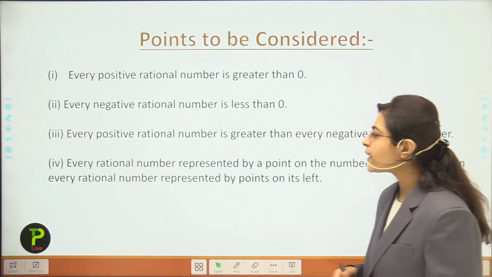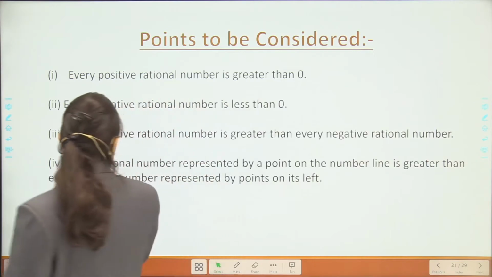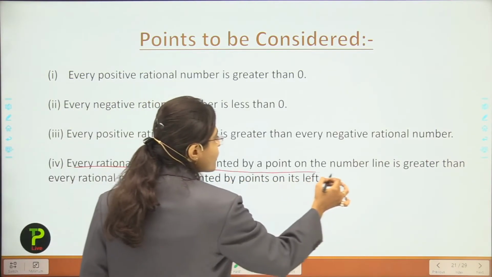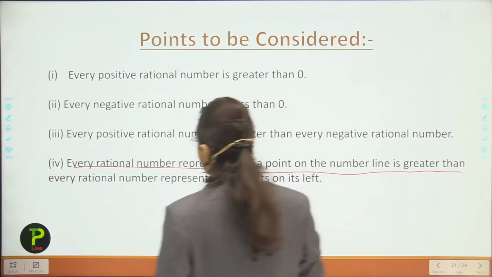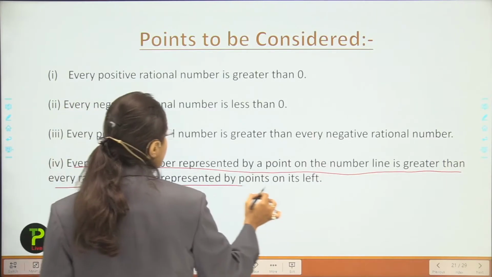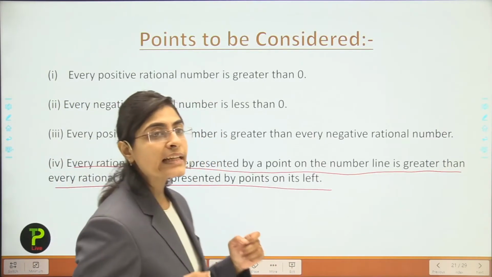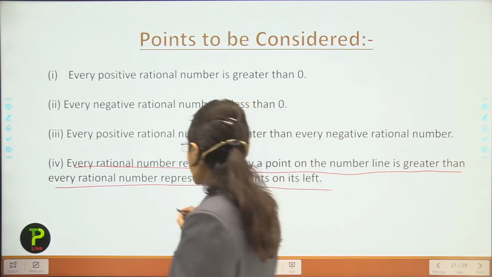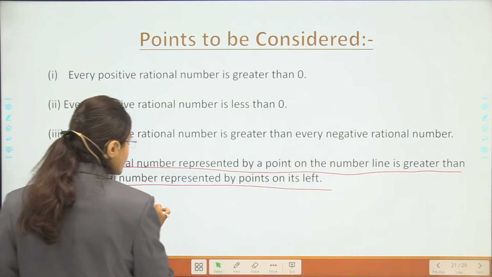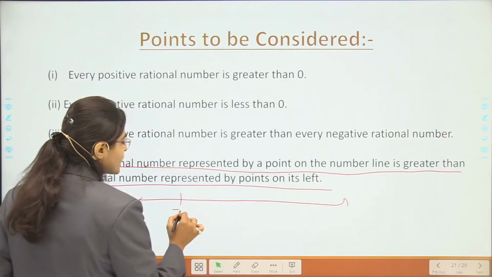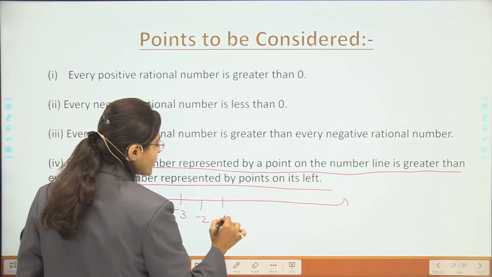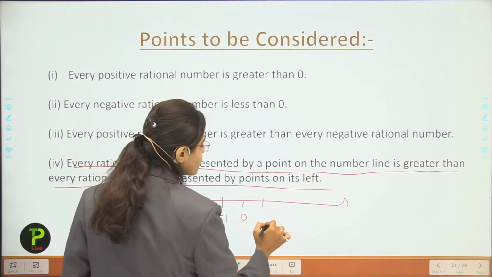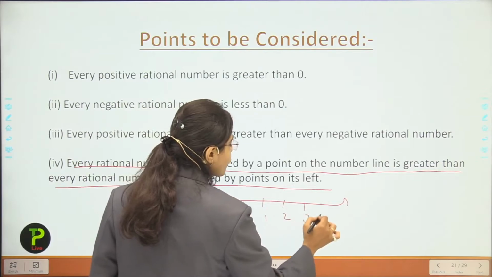The fourth point is every rational number represented by a point on the number line is greater than every rational number represented by points on its left side. Let us understand this point. We have a number line here: minus 3, minus 2, minus 1, 0, 1, 2, 3, 4 and so on.